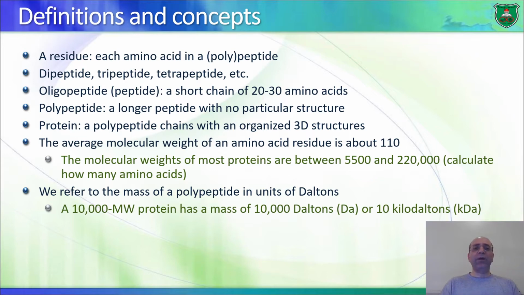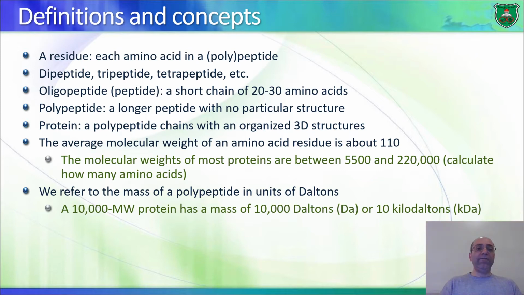The average molecular weight of an amino acid is about 110 grams per mole. Usually the molecular weight of most proteins is about 5,500 to about 220,000 grams per mole, so they can be really huge.